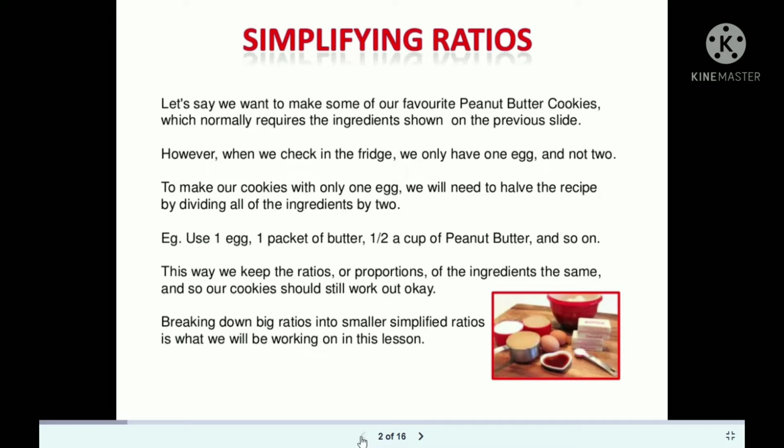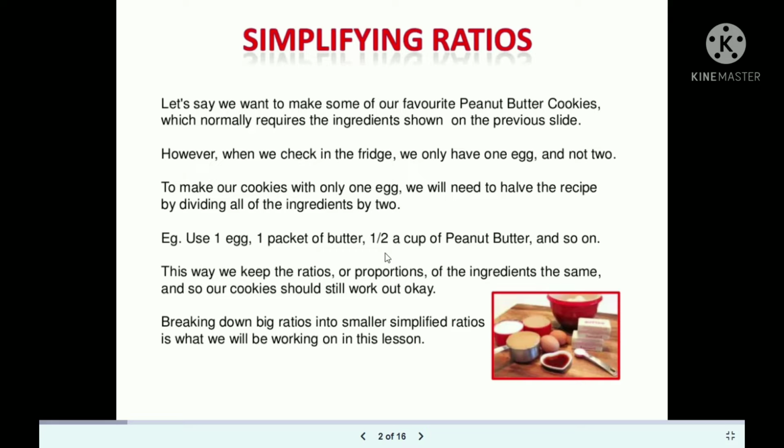However, when we check in the fridge, we only have one egg and not two. To make our cookies with only one egg, we will need to halve the recipe by dividing all the ingredients by 2. Example, use 1 egg, 1 packet of butter, 1/2 a cup of peanut butter, and so on.